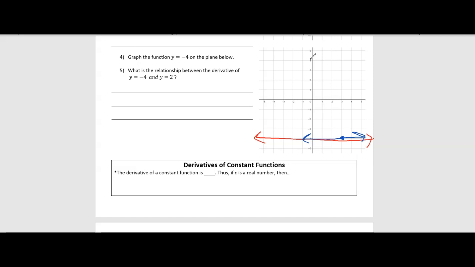So the derivative for any point on this function is also going to be equal to 0 because all the tangent lines have a slope of 0. So we can say they are both equal to 0. And you could put in there for every x value, but either way, that's okay.